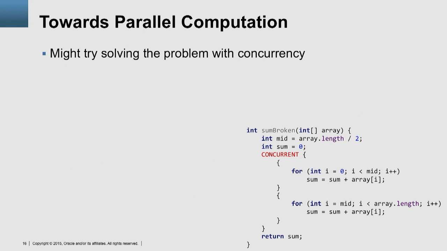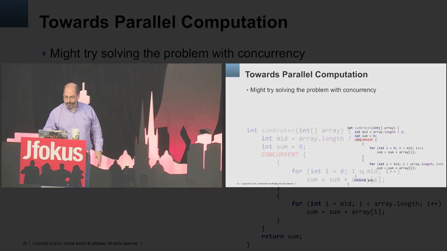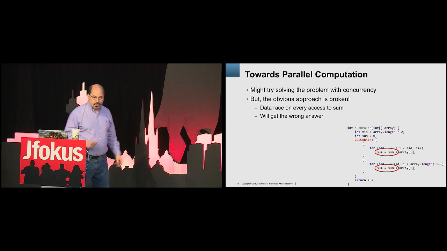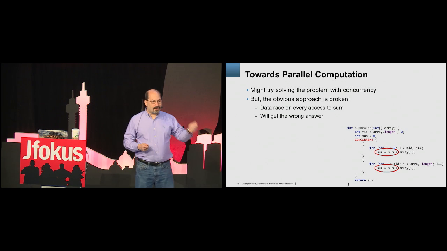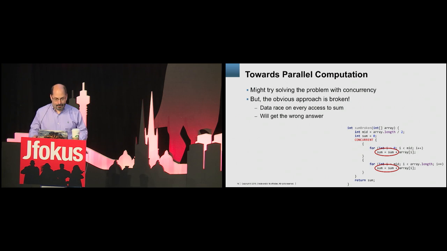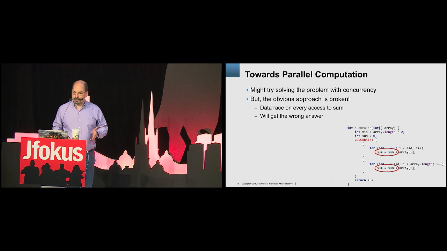That seems reasonable. But this program is broken, right? This program is going to give you the wrong answer. It doesn't matter how fast it is, because it's going to give you the wrong answer. And the reason is we have a shared variable here, and we have 2 concurrent tasks banging on that shared variable. There's a data race on every access to the sum variable here. So we're going to get the wrong answer.